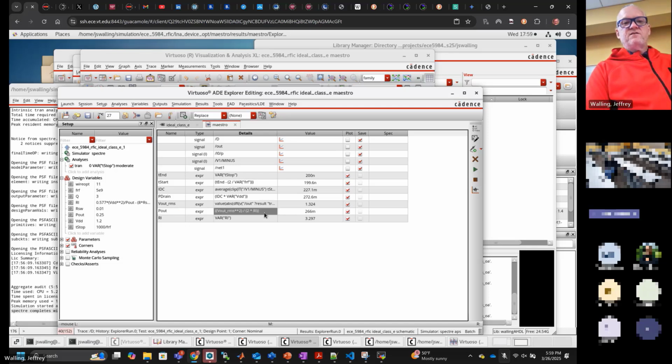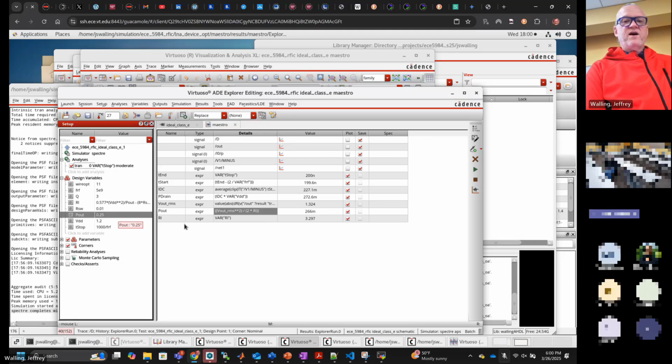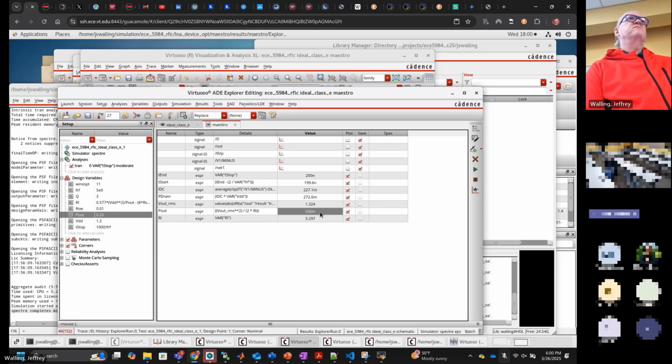And then to find the output power, we divide by the square root of 2, square that, and then divide by the load resistance. That's where all of this stuff is coming from. And the net result is I told it to design for an output power of about 1/4 of a watt. It's at 266, so it's pretty close.